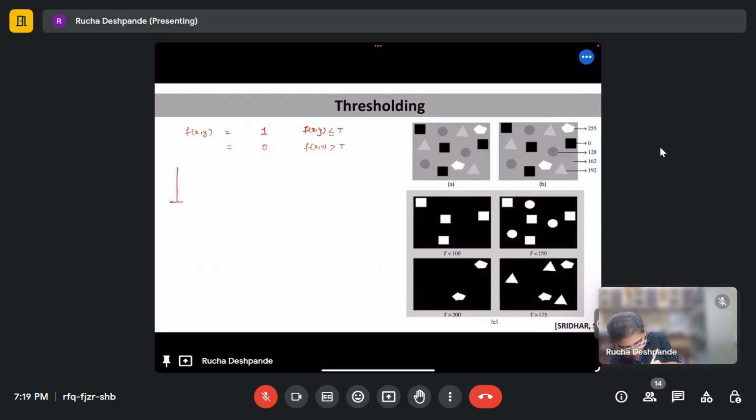It will look like a step function. Suppose this is the threshold, so this is 1 and this is 0, over 0 to 255 if it's an 8-bit image.